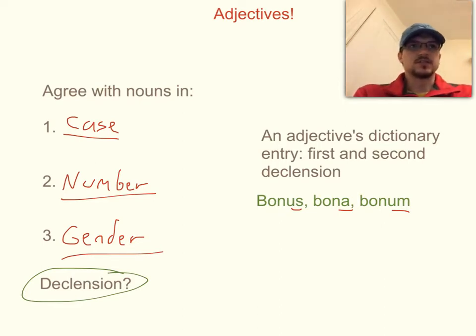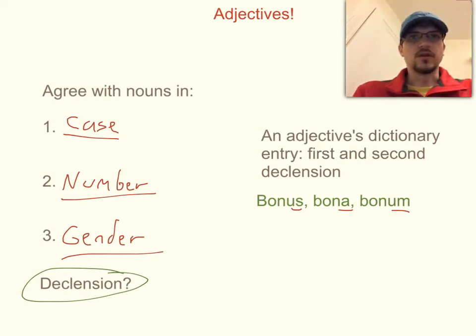Now, this is an area where nouns and adjectives are not going to be the same, because we know that nouns have words that break the rules of declension meaning gender necessarily, especially in the third declension when it's kind of a grab bag. Adjectives will use declension to show gender. So our neuter and our masculine will be in the second declension, and our first declension will be the feminine endings, for sure, in adjectives. Not necessarily in nouns, though.